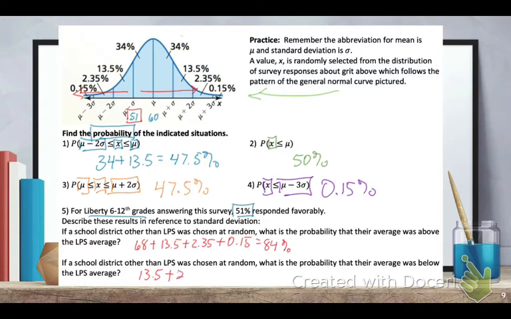Add up the percentages in those standard deviation areas. So 16%. So that's just an example of how you can use the normal curve in reference to real-life survey data to answer questions about what was happening in that survey.